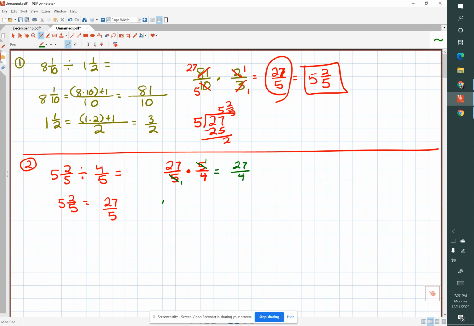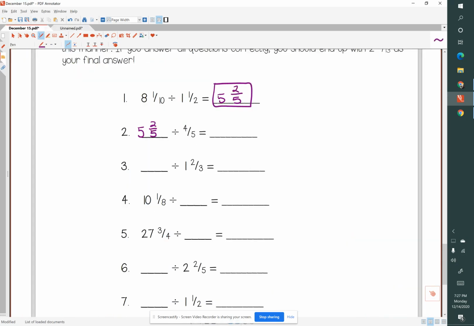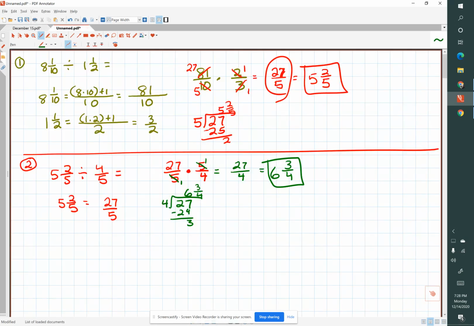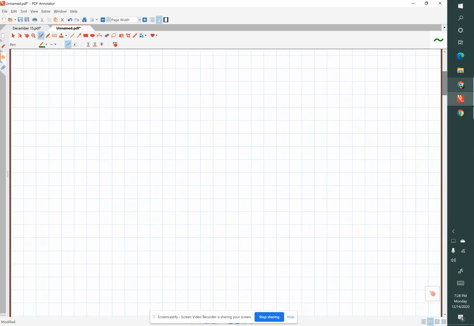Let's convert that back to a mixed number. 6 times 4 is 24. So that would be 6 3/4. Okay, so now number 3. 6 3/4 divided by 1 2/3.